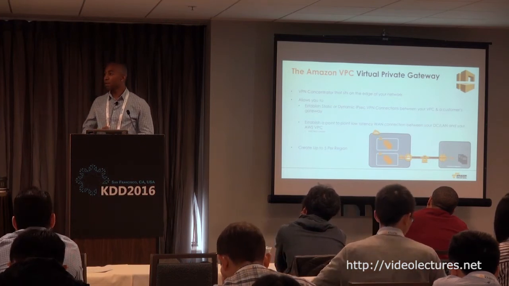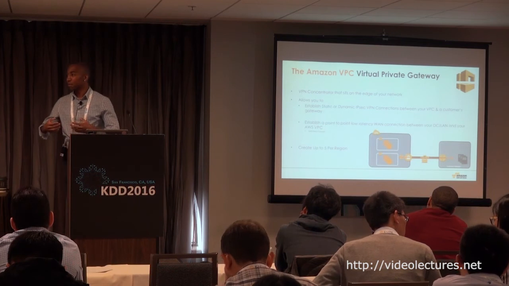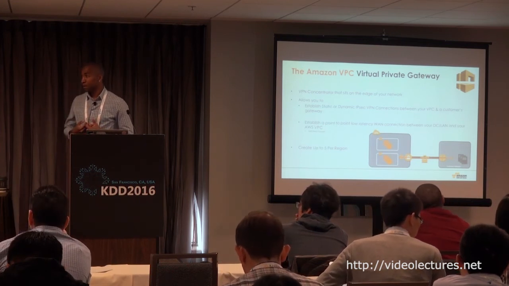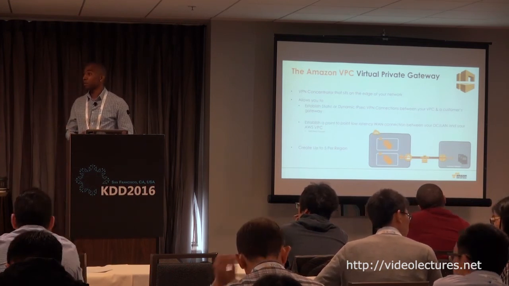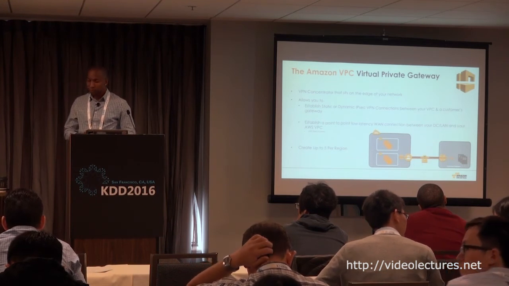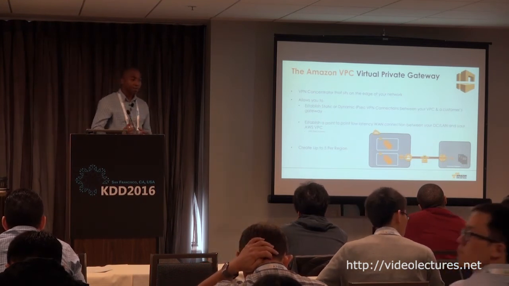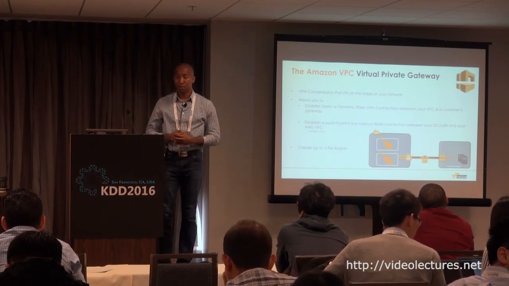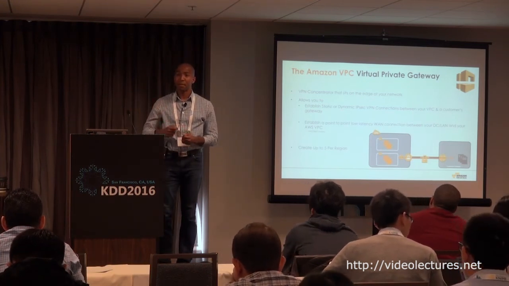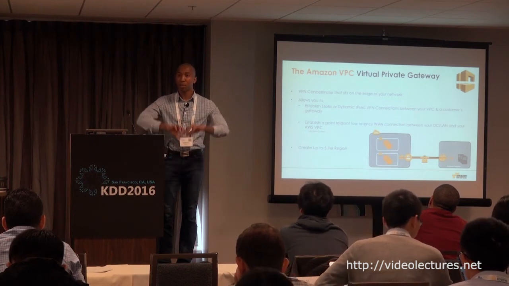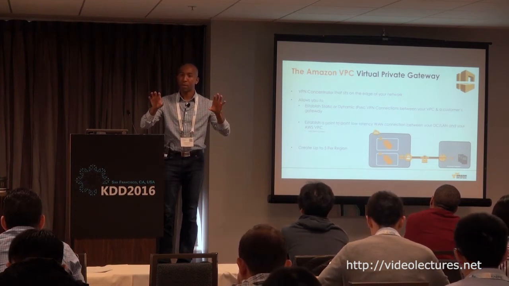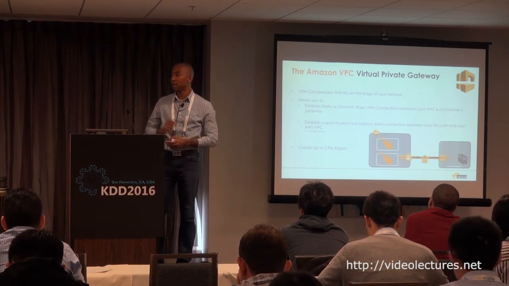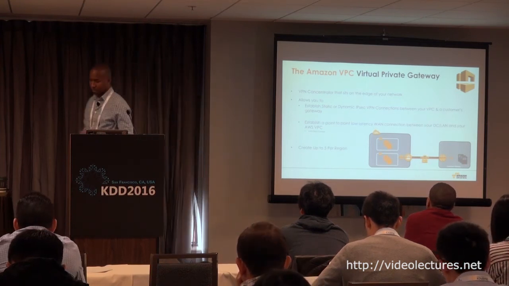This is something that's horizontally scaled and managed primarily by us. And of course, you can create multiple virtual private gateways if you wish. When it comes to Direct Connect, you can have 5 virtual private gateways and have multiple interfaces going to these gateways from one single Direct Connect link. And we'll talk about that a little bit later on.